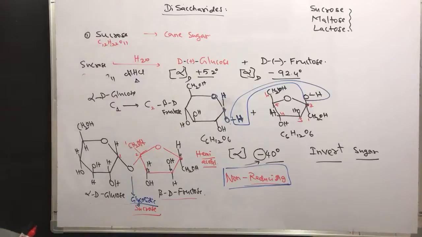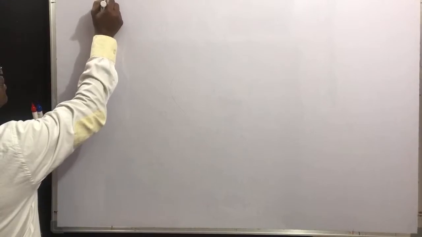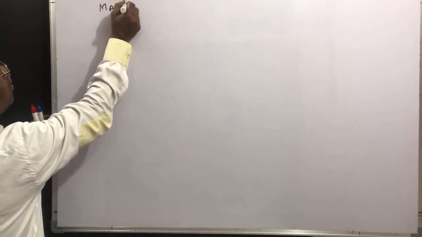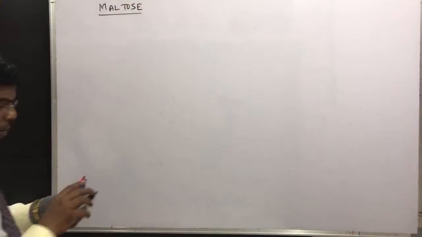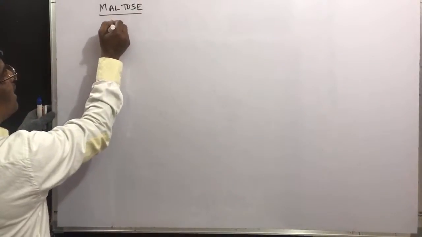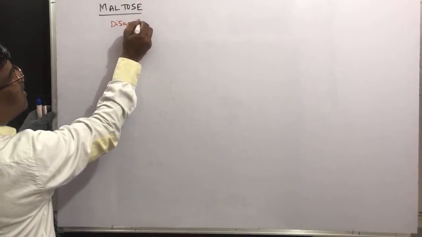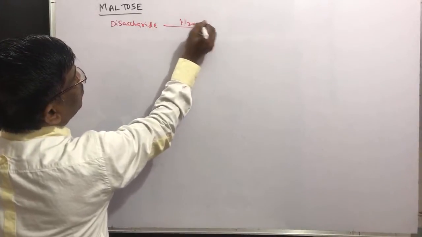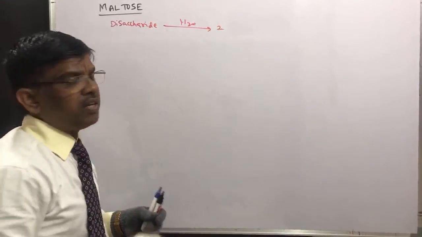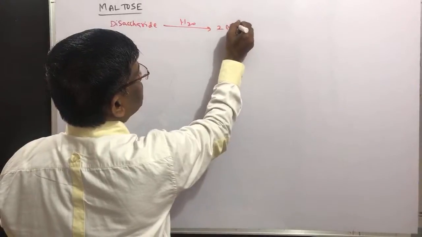Yes. Next, maltose. So what is it going to have? Maltose is a disaccharide. That means it is going to give, upon hydrolysis, 2 units of monosaccharide.